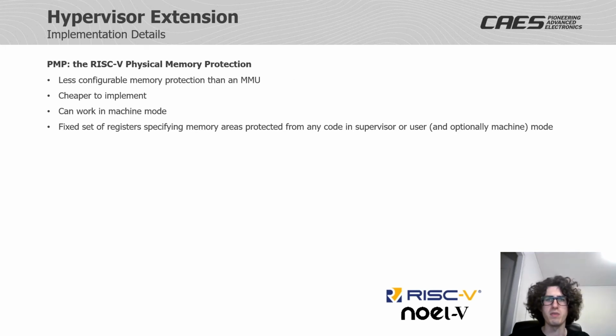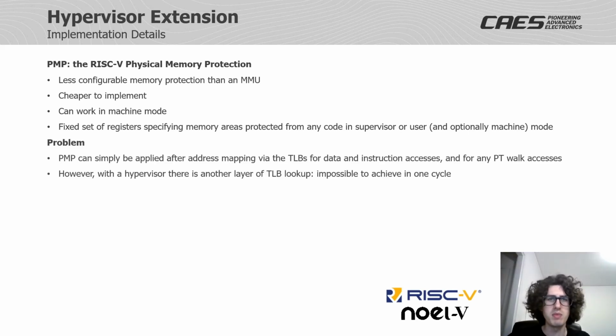Regarding the details of our implementation, the PMP is a less configurable memory protection than having an MMU, but it's cheaper to implement and supports machine mode. So rather than having a tree of pages like an MMU, the PMP has a fixed set of registers that can specify memory areas, which are then protected from read, write, or execution by any code in the supervisor or user mode or even machine mode.